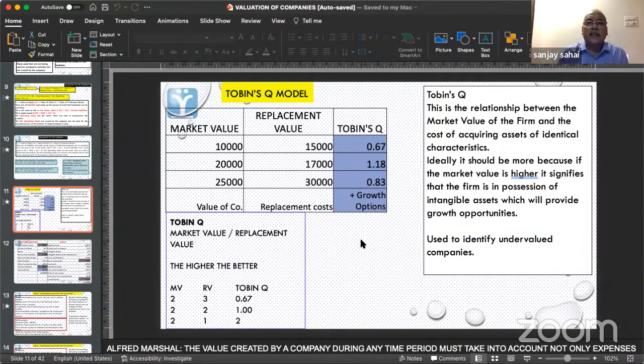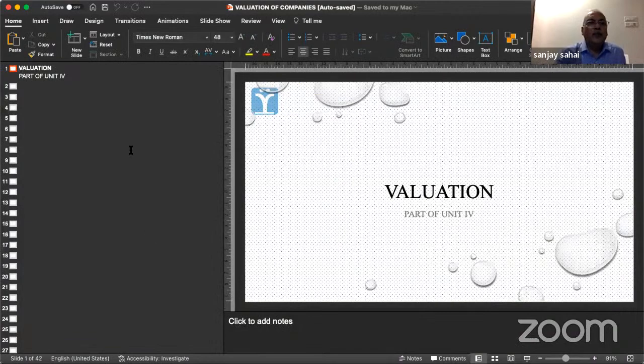A company is made up of all these things. So if the market is valuing it at less than the replacement value, that means the company is being undervalued, or else the company has no life in it. It has nothing. The company is failing. But normally, if the company is doing reasonably well, which is why you are interested in buying it, it will generally have a market value that is higher than the replacement value.